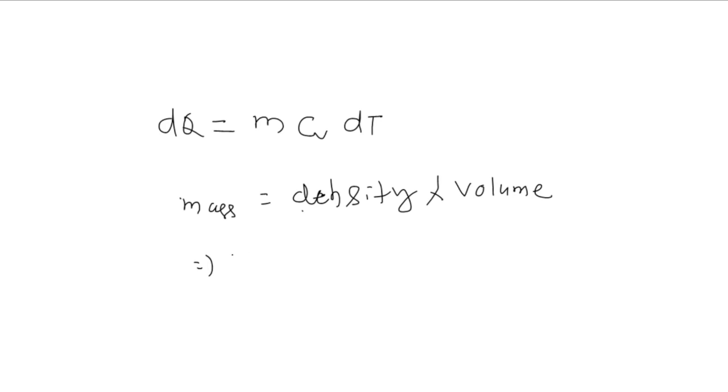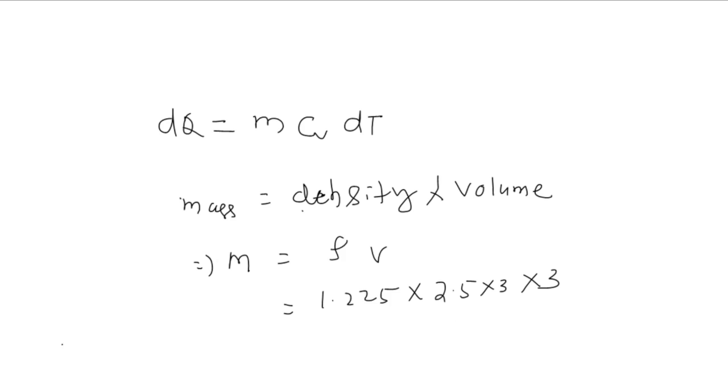So this m will be rho into V, because we are denoting rho for density and V for volume. We know the density of air is 1.225 and volume we know from the given data, that is 2.5 into 3 into 3.